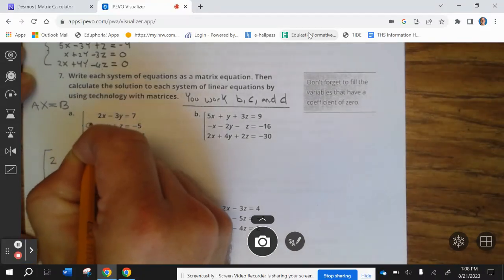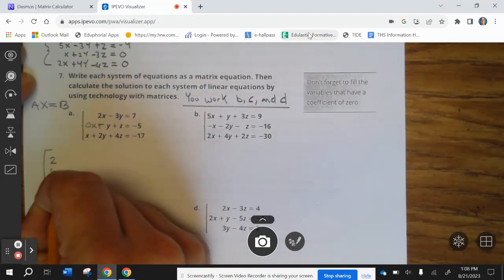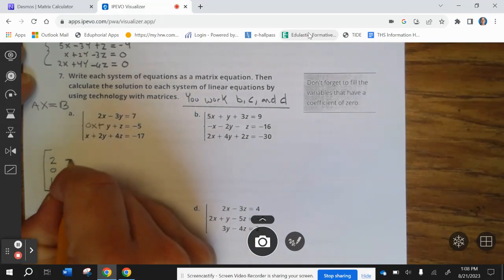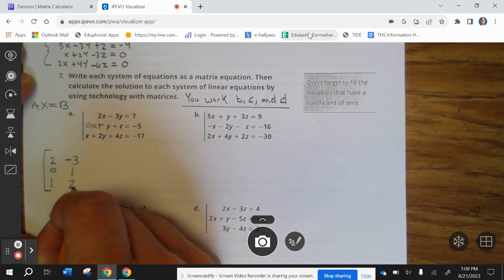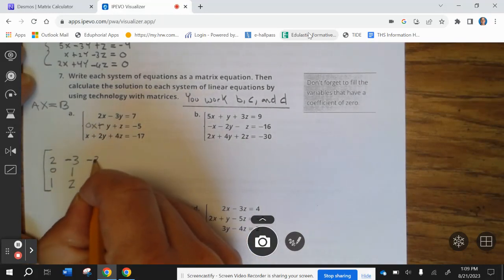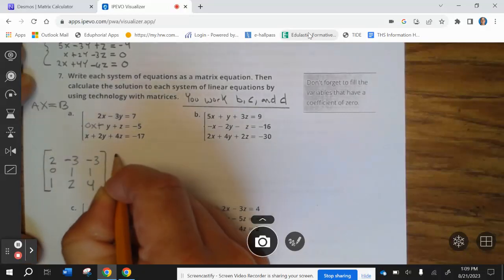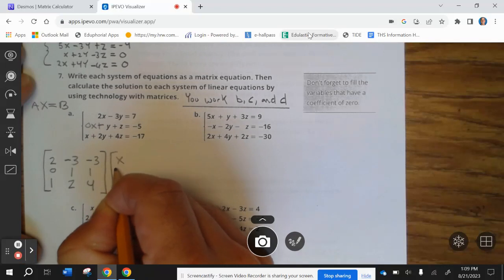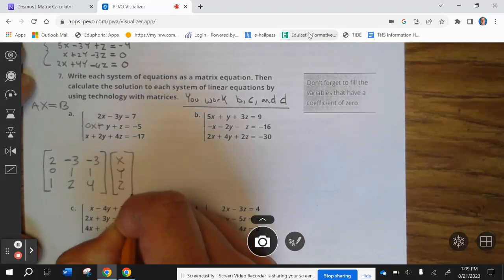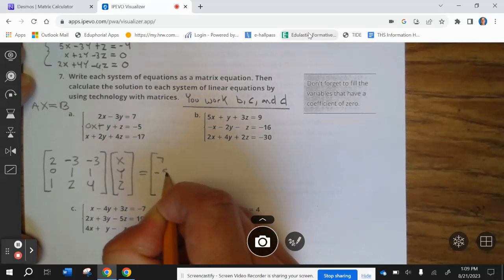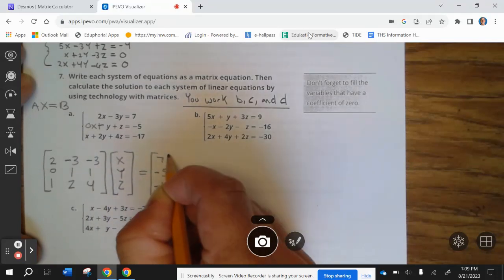This is technically 0x plus, so 0, 1. Now we look at the y's. That's negative 3, 1, 2. And then the z's are negative 3, 1, 4 times x, y, z equals 7, negative 5, negative 17.